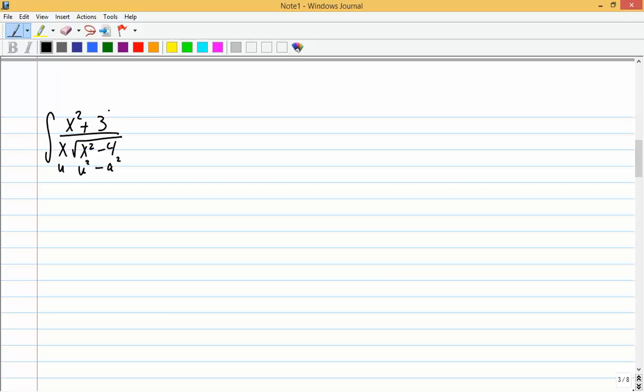The formula for arcsecant is the integral of du over u times the square root of u squared minus a squared. And so it would fit that form if it was just a 3 up here. But it's not just a 3 up here. We have an x squared up here.